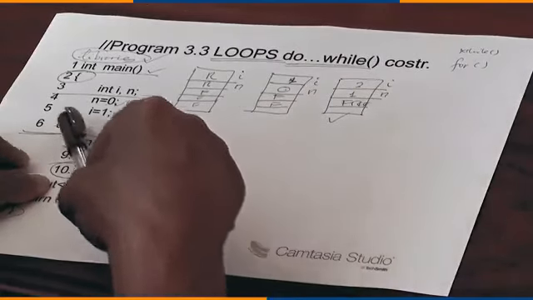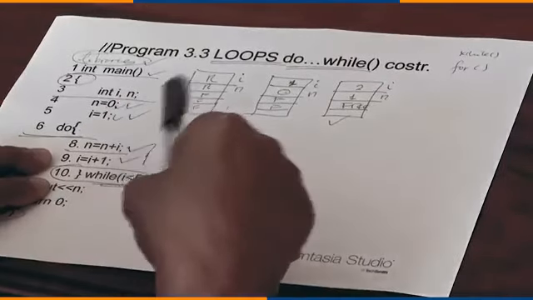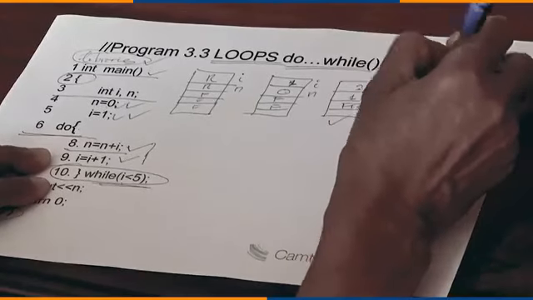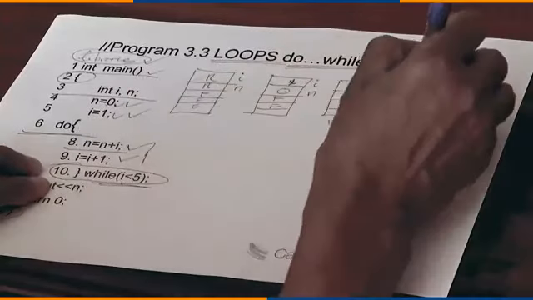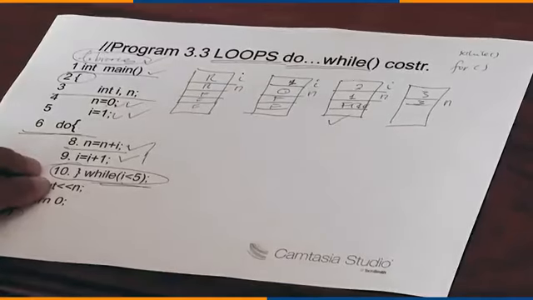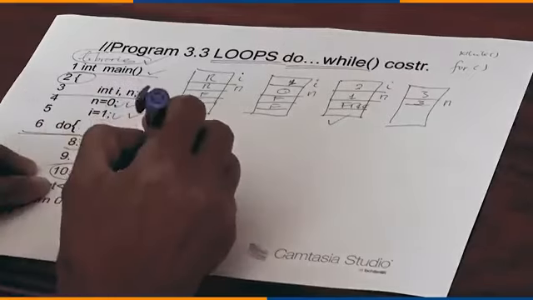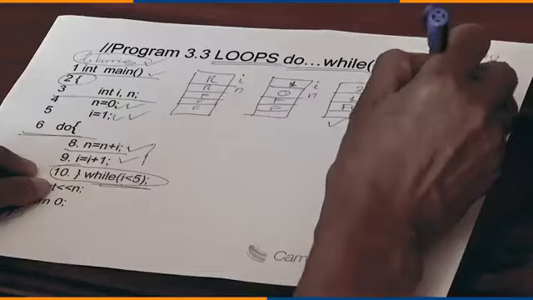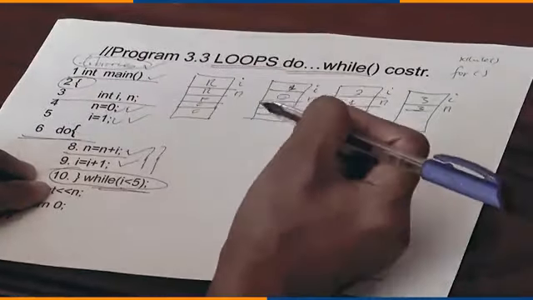If that's the case, then repeat the loop. n equals n plus I. So the value in n will be 3, and the value in I will be 3 because of execution of that particular loop. At line number 10, the condition will be checked. Is I less than 5? Is 3 in I less than 5? Yes. Then the loop is repeated.